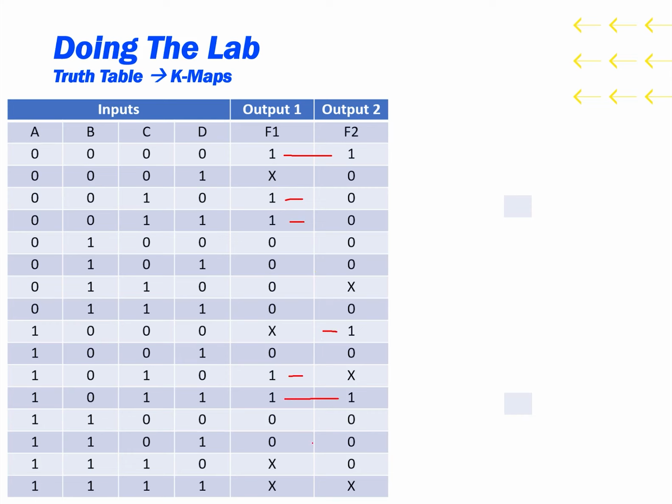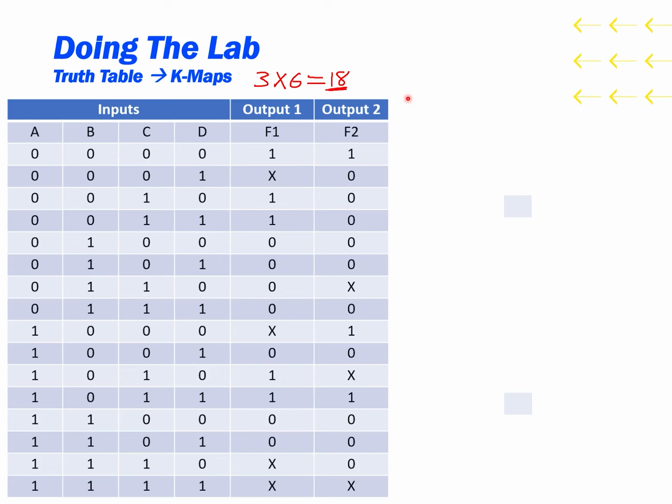This one can be shared, and that's all of them. But because we have a 4-input truth table, each one of these is going to require 1, 2, 3 AND gates. And we have 6 functions, so 3 times 6 AND gates is way too many. We're going to have to do some simplification in order to create this circuit.